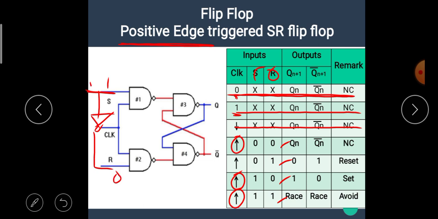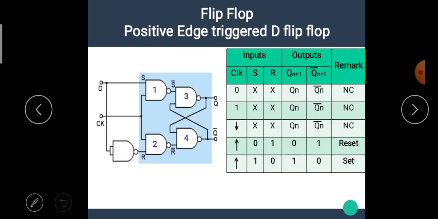If S has the value 0, then R has the value 1. Then there is no possibility of SR 0 0 and SR 1 1. That means in the truth table of the D flip flop we obtain only two conditions, the set condition and the reset condition.